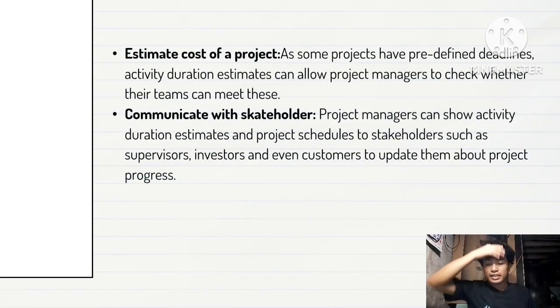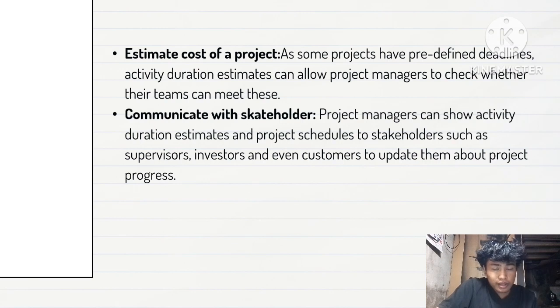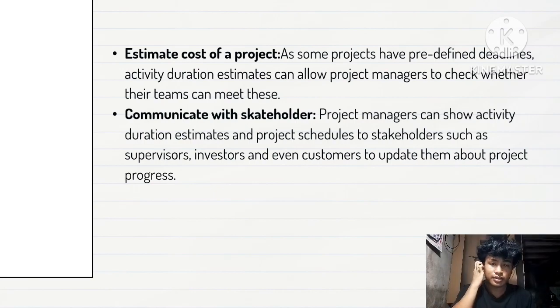Estimate the cost of a project. As some projects have predefined deadlines, activity duration statements can allow the project manager to check whether their teams can meet this.